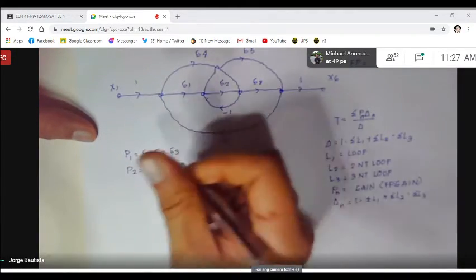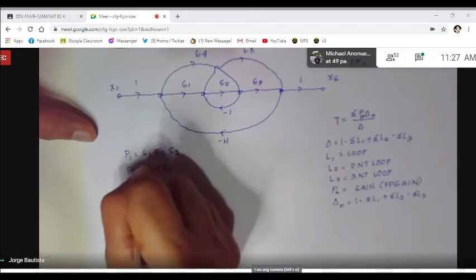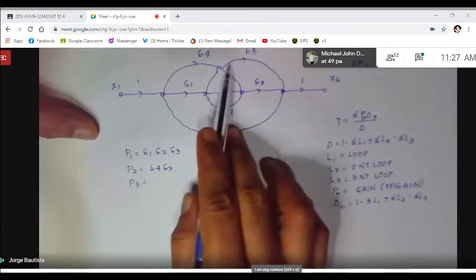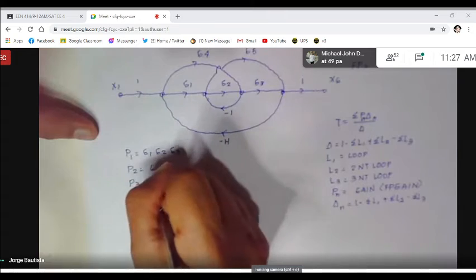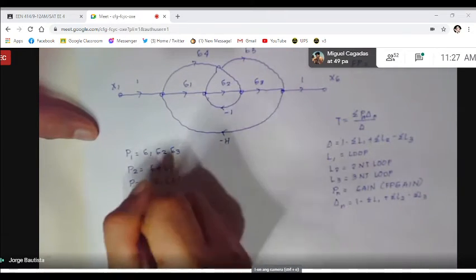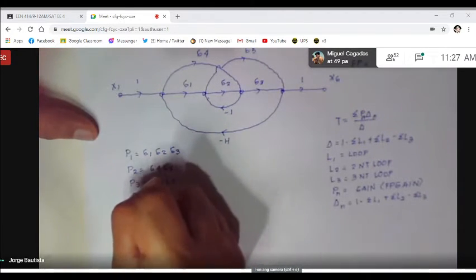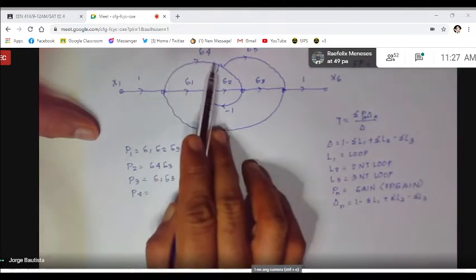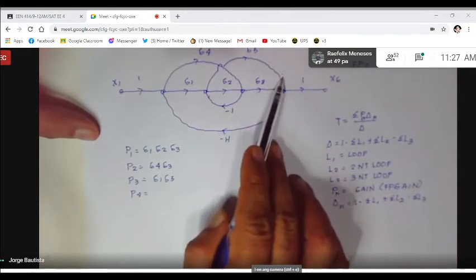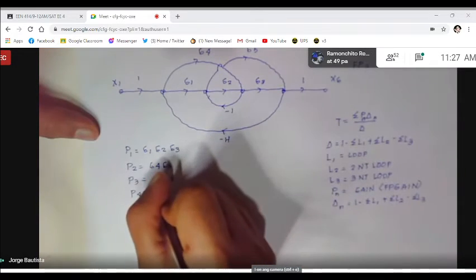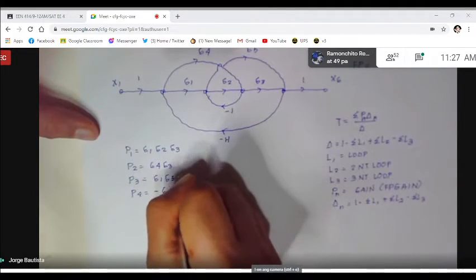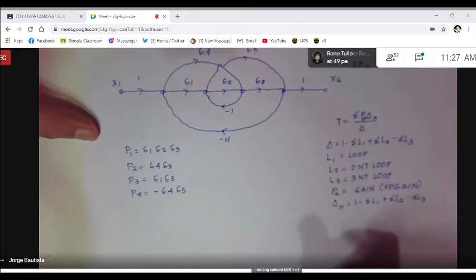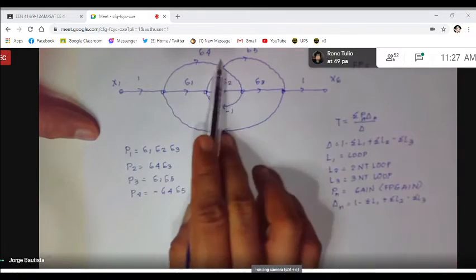P3: G1, G5. P4, forward path number 4: G4, negative 1, negative G4 at saka G5. Ayan, 4 lang.